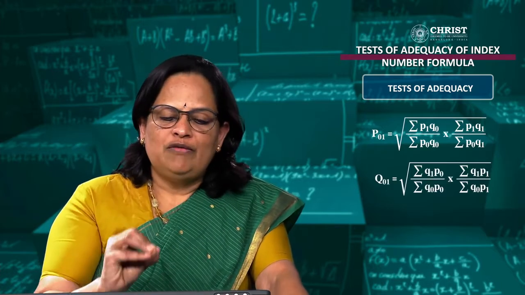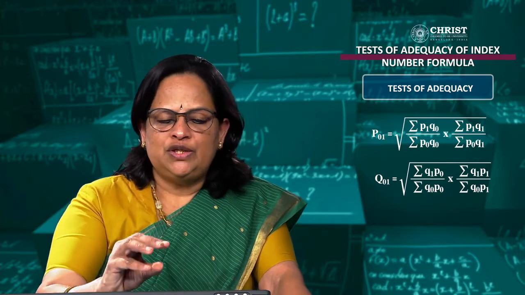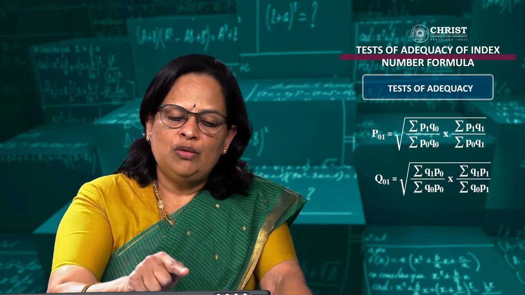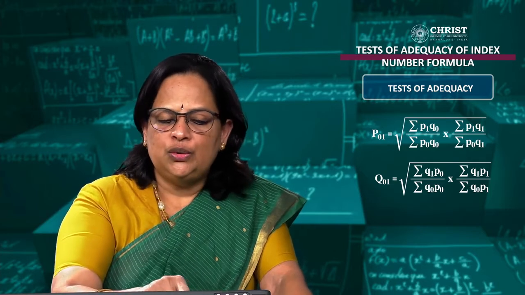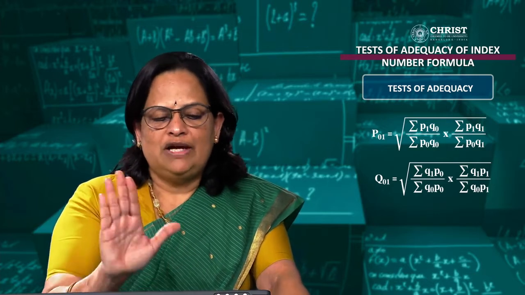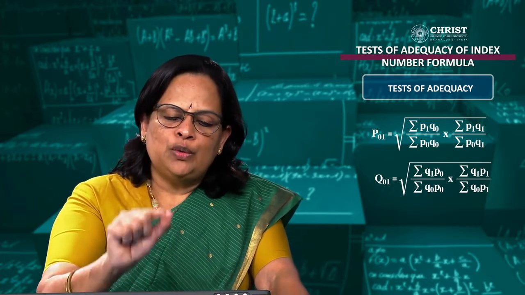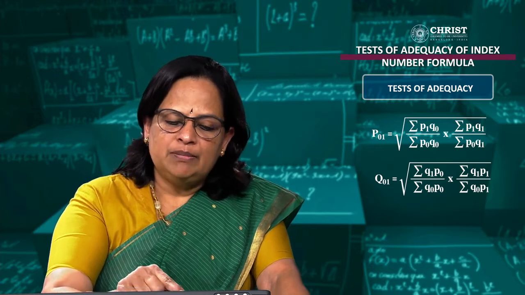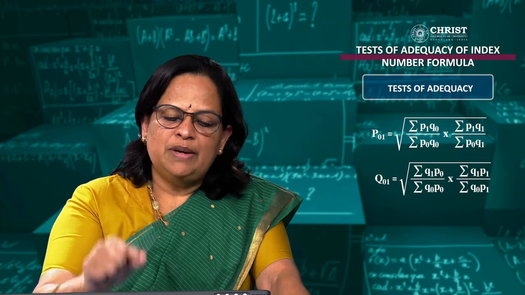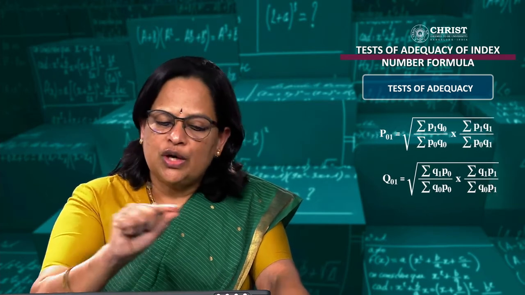So Q01 is sigma Q1 P0 in the basic equation it is P1 Q0. Now, instead of P we write Q, and instead of Q we write P. That is how we calculate all the values: sigma Q1 P0 divided by sigma Q0 P0 into sigma Q1 P1 divided by sigma Q0 P1, and the square root of that.